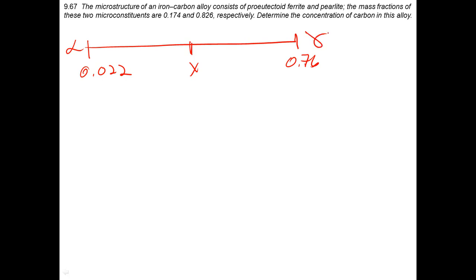In that two-phase region, then, there's austenite and ferrite, bounded 0.76 on the right end of the tie line, 0.022 on the left side, and we're asked to calculate this system composition that's present.